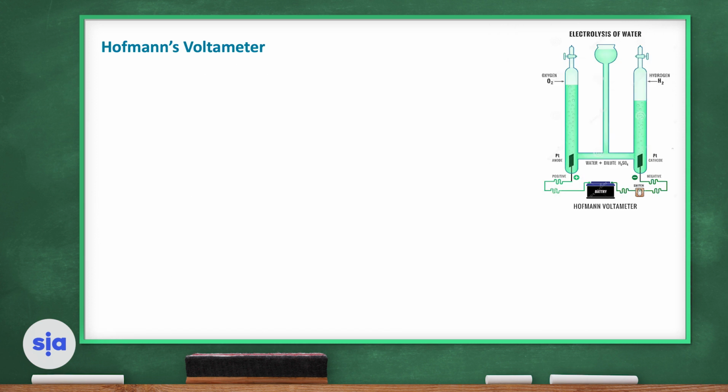The device or the apparatus used for water electrolysis is called Hofmann's voltameter. In this apparatus, acidified water is electrolyzed using an electric current.